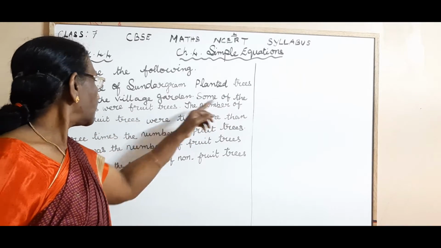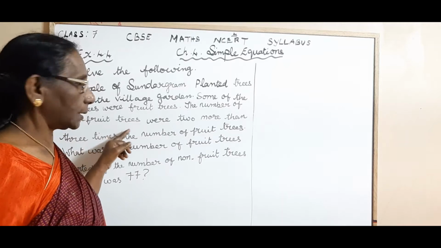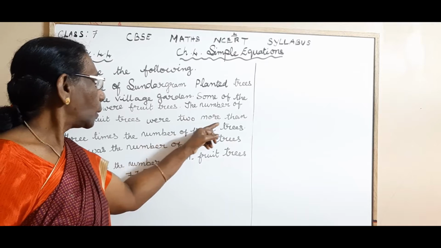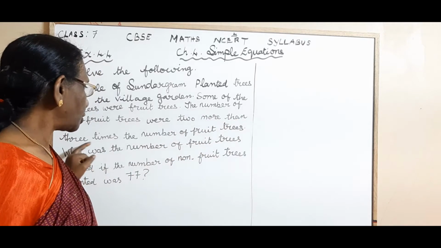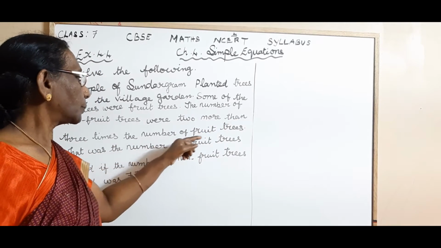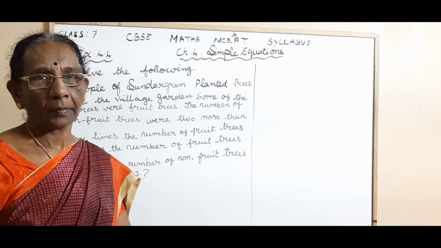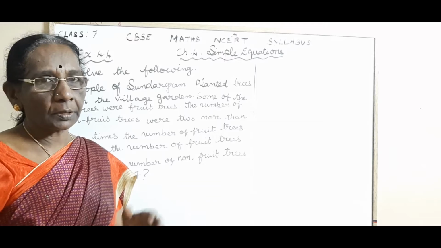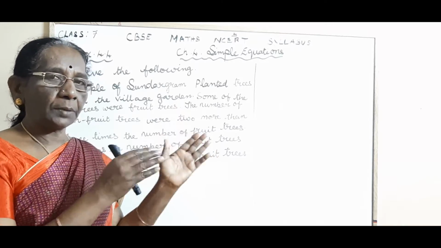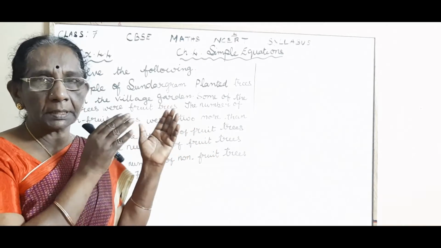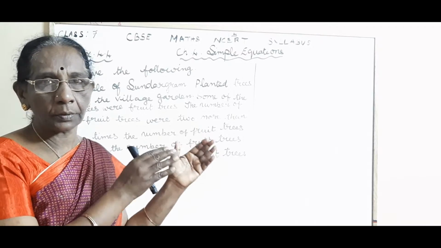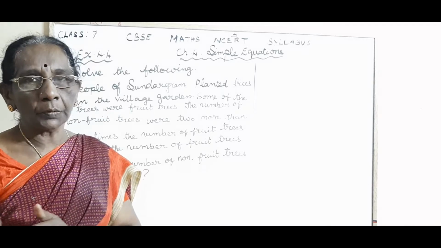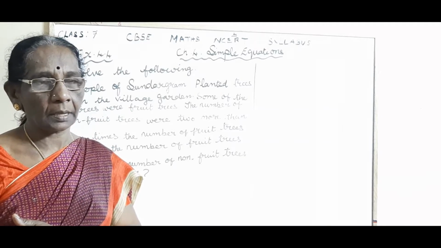The number of non-fruit trees were 2 more than 3 times the number of fruit trees. Have you understood the meaning of this sentence, children? They planted both types of trees: the trees which give fruits are called fruit trees, and the trees which do not give fruits are non-fruit trees.